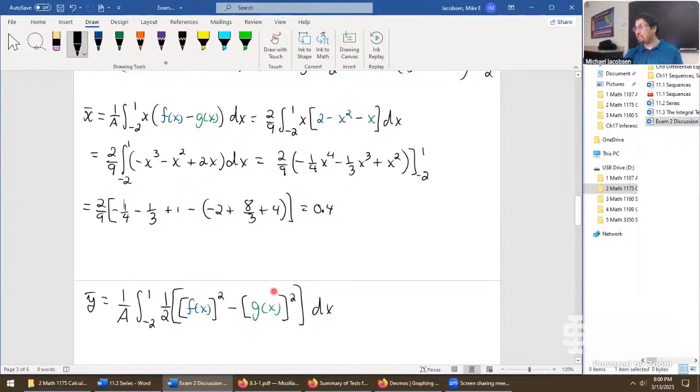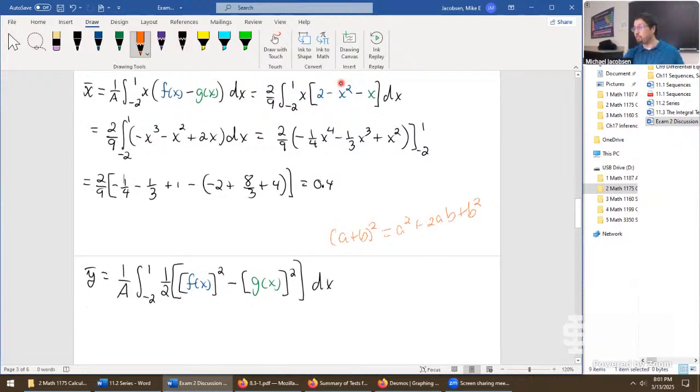It's really easy to miss because our training in algebra is we say a plus b squared is to write out a squared plus 2ab plus b squared. And so this might call us back on that pattern, but it's a mispattern this time. So I have color coded what f of x and g of x here is in green and blue. Let's write in. This is reciprocal of area again, so 2/9, multiplies the 1/2 pulled outside of the integrand.